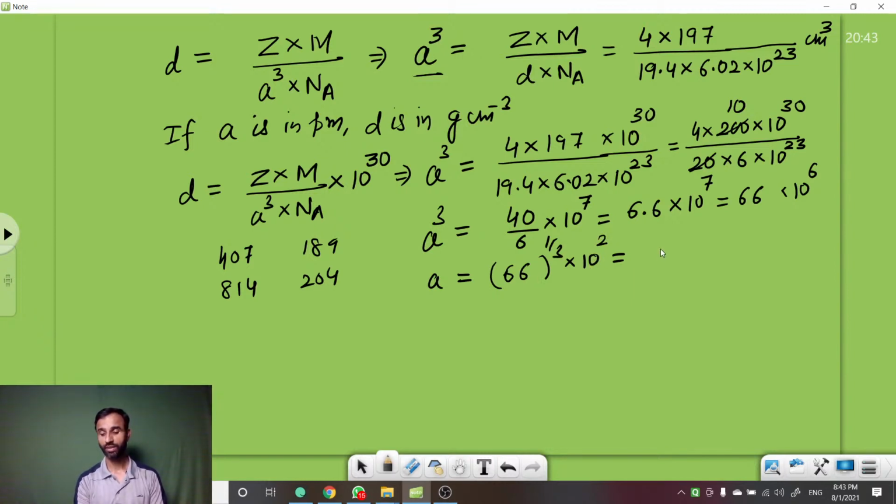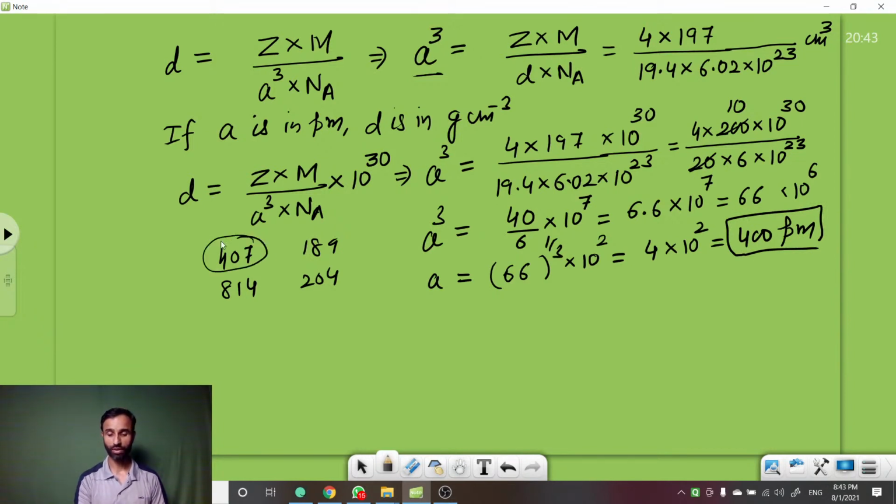So that means it is around about 4 × 10^2, that means 400 picometer. So the value is close to 407. So option A is correct.